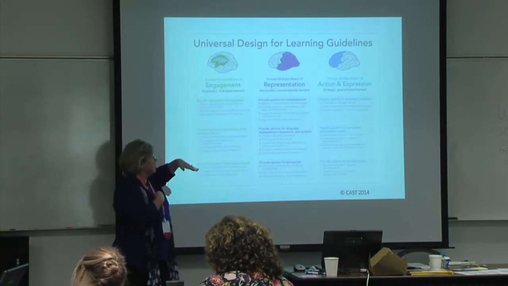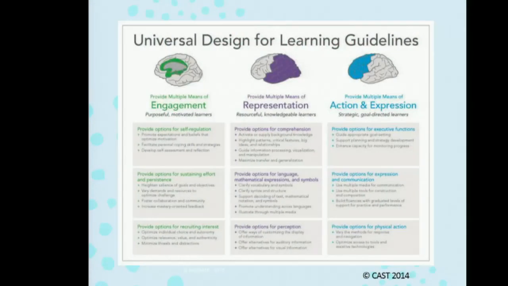As you look at the UDL guidelines, there are the principles at the top, underneath those brains, and then you have three bolded sections under each of the principles. Those are the guidelines.